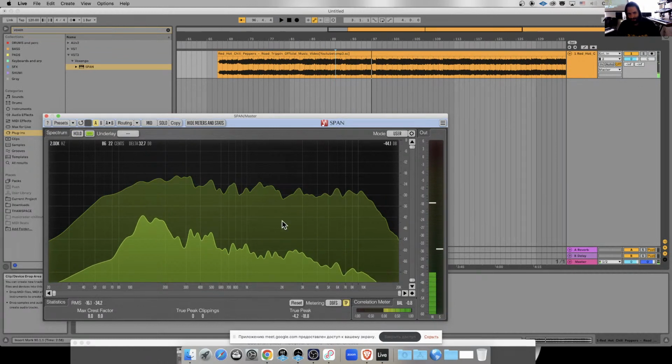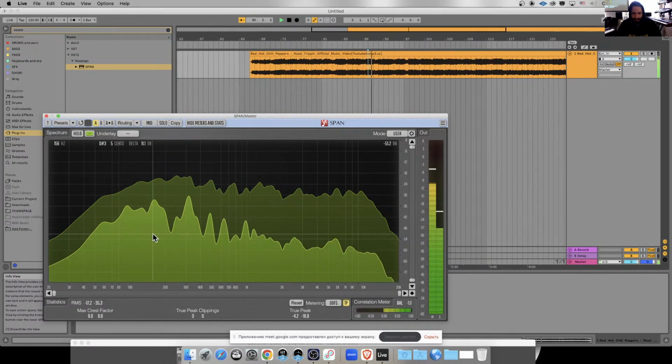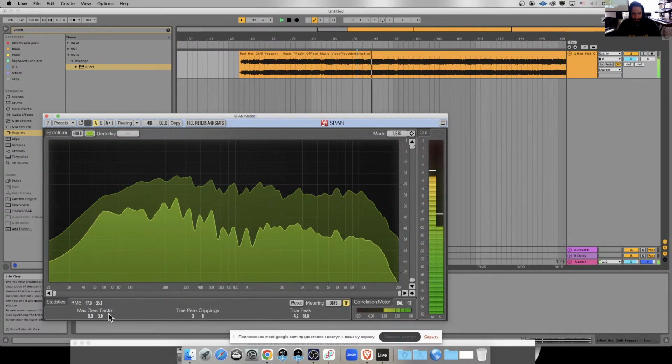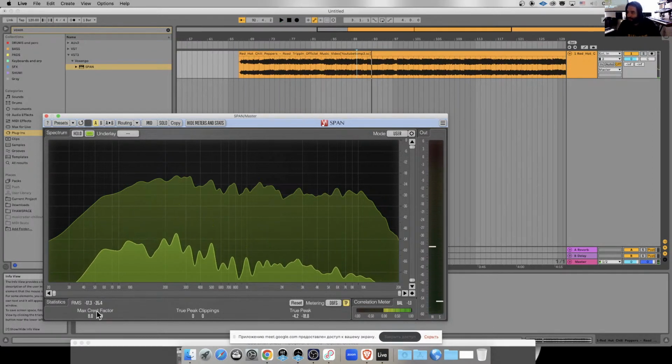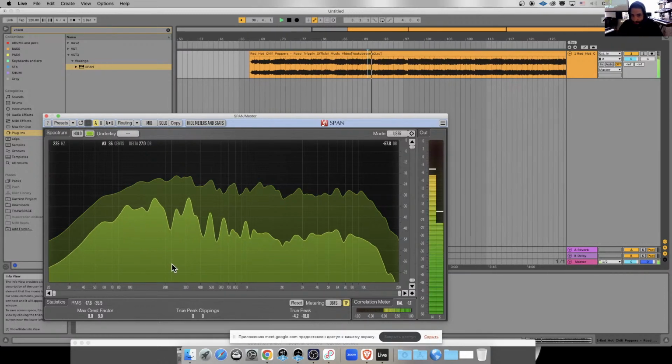I'm trying to figure out what's the... I'm thinking it's peak and RMS, but I don't know. Yeah, look, here RMS. Statistics. Oh wait, RMS. And remember the crest factor. Remember that concept? We discussed it yesterday too. This is a great meter, by the way. It's really great.